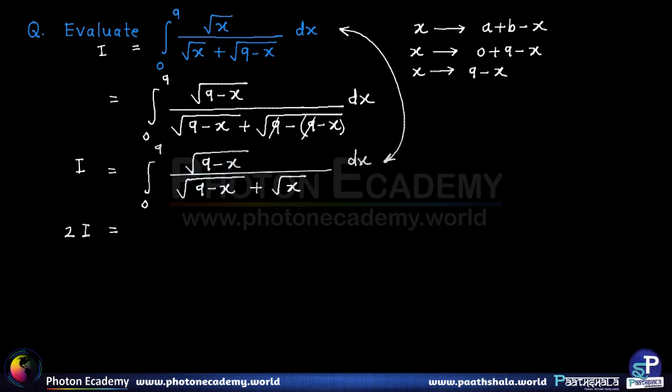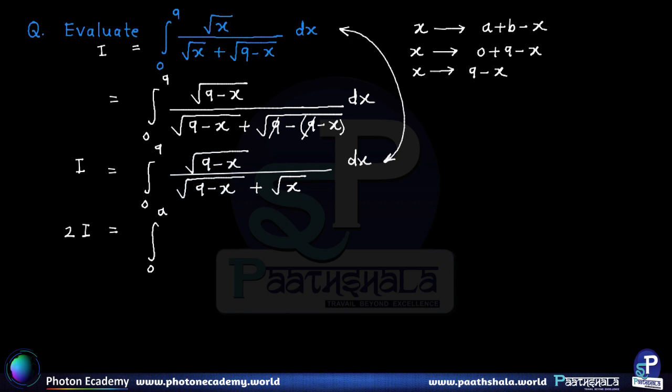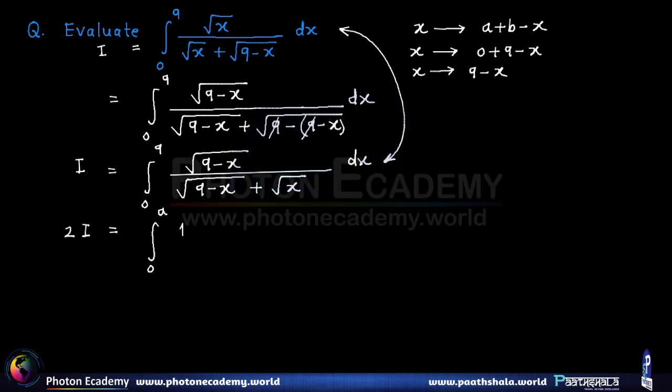Now let's see what happens if we add the two integrals. Since the limits are the same, we can definitely add the two functions. Since the denominators of both expressions are the same, we can add the numerators. So in the numerator we have root x plus root of 9 minus x. Ultimately the numerator is the same as the denominator, which is nothing but 1.